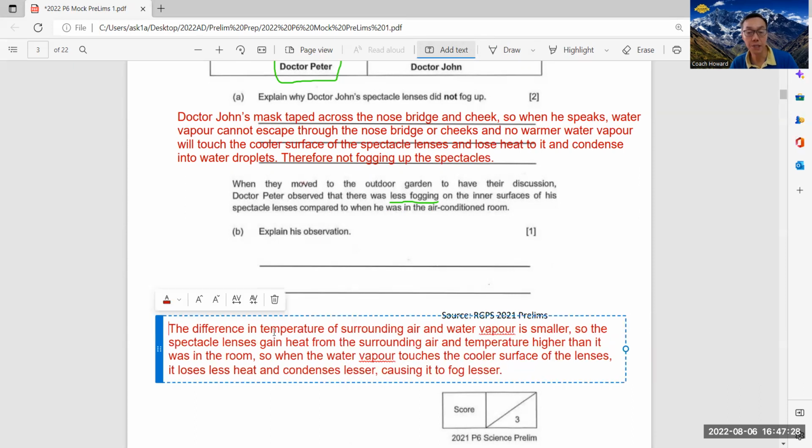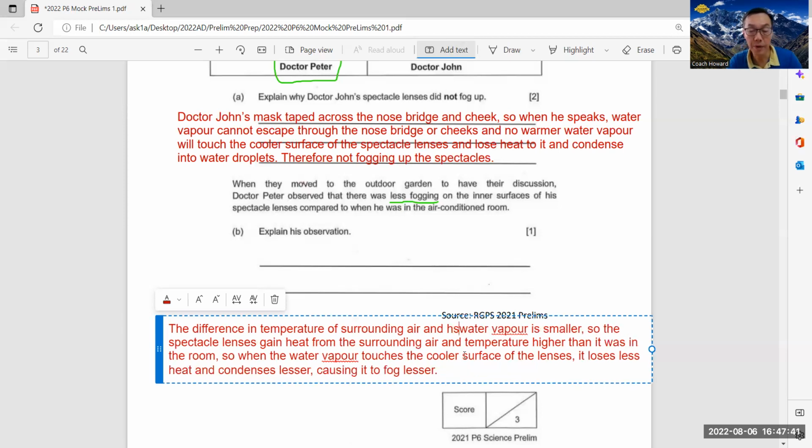Generally, you must say that the temperature difference between the surrounding air and his water vapor, because he breathed out, is smaller, so the spectacle gains less heat from the surrounding.